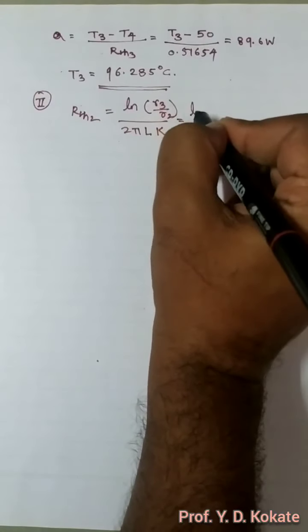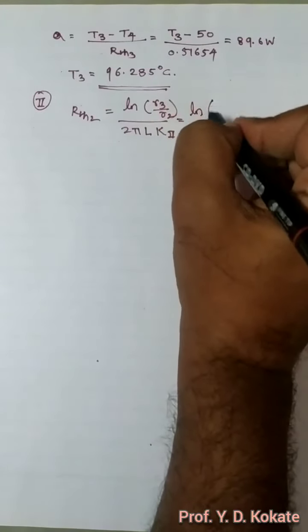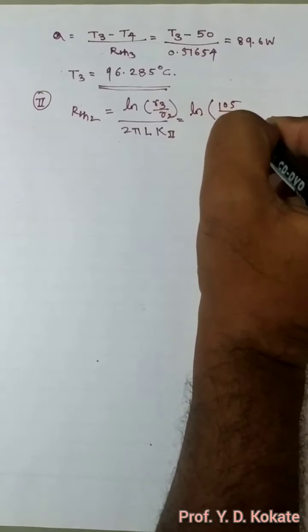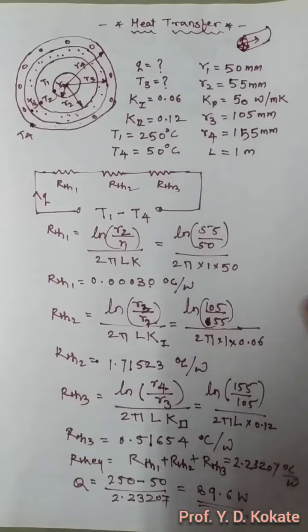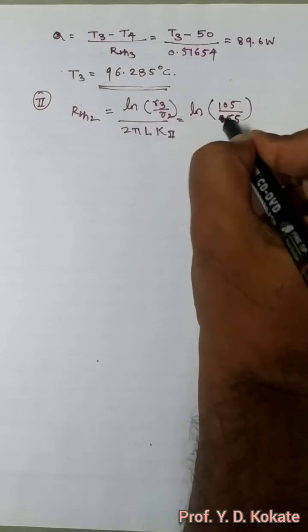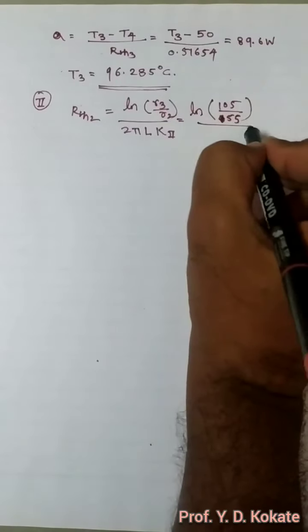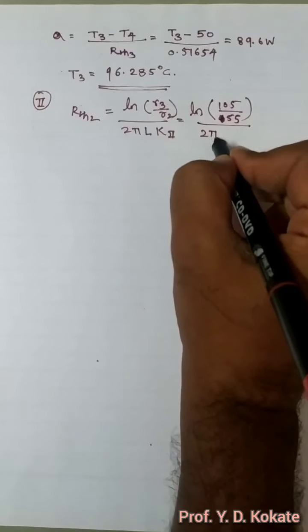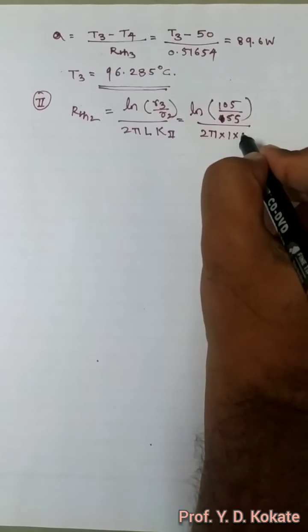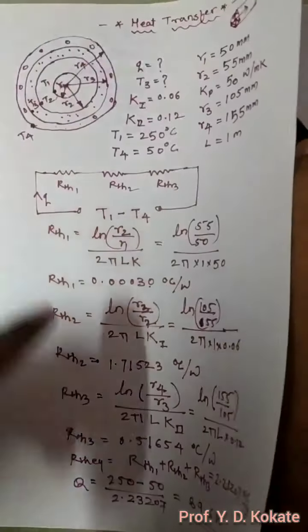So it becomes ln of 105 divided by 55, not 155, 55, divided by 2 pi L, where L is 1, and K insulation second having a value of, I think, 0.12.